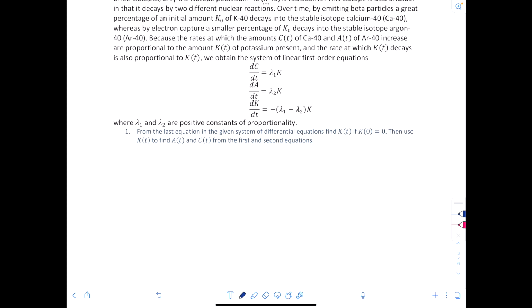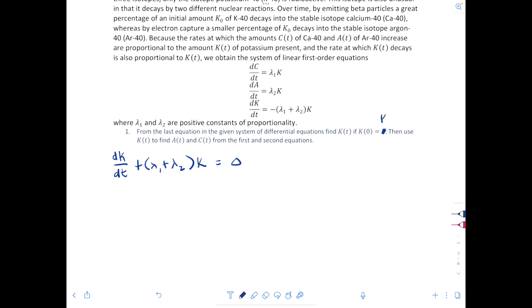So we have dK/dt. I'm going to add lambda 1 plus lambda 2 times K over to this side of the equation, and it's going to equal 0. Oh, my bad, there's a typo here.